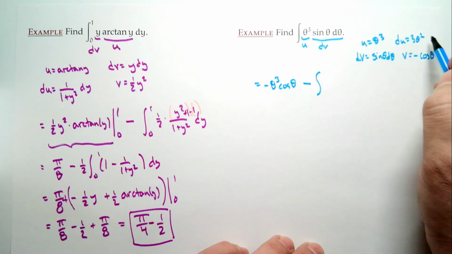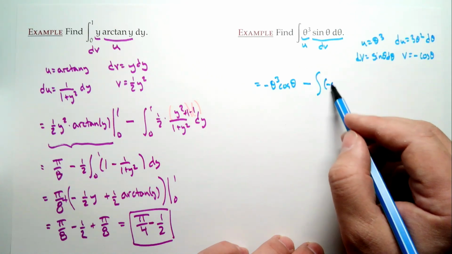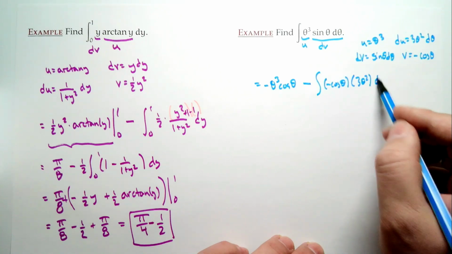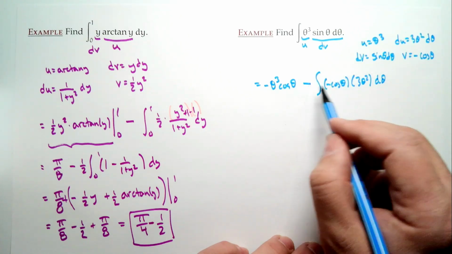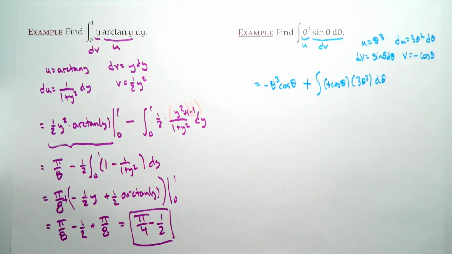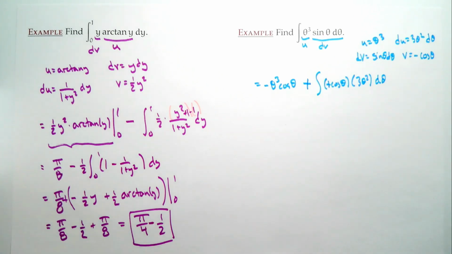So I forgot my d theta there. There we go. All right, so minus cosine theta, 3 theta squared d theta. Now, the good news here, minus minus, I can just make that a plus. So, what do we do now? How do we integrate cosine theta times 3 theta squared?